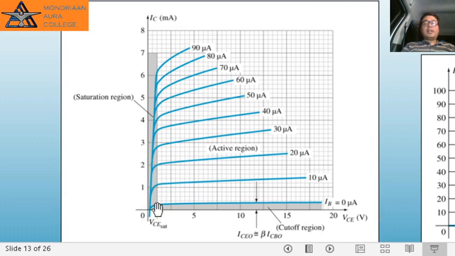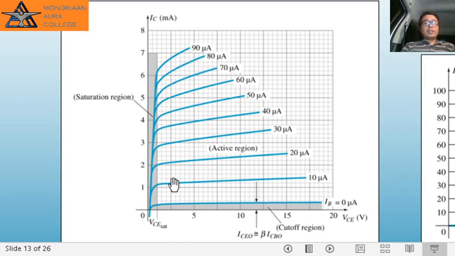As you noticed here, meron din tayong different regions of operation kagaya na lang ng diniscuss natin dati sa common base. We have the saturation region and we have the cutoff region. Itong dalawang region na to, may combination ng voltahe at kuryente yan, na kung saan kapag ganun ang combination ng voltahe at kuryente sa transistor mo, ang transistor mo ay ginagamit bilang isang switch.